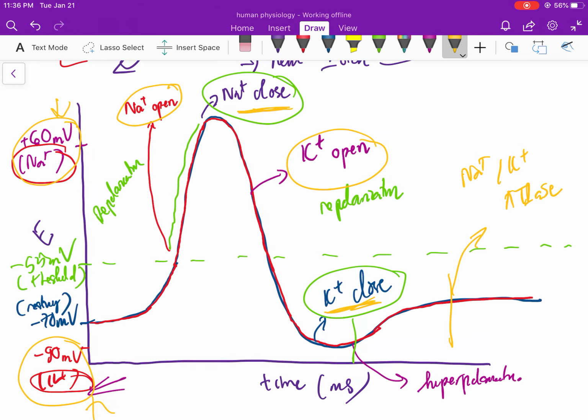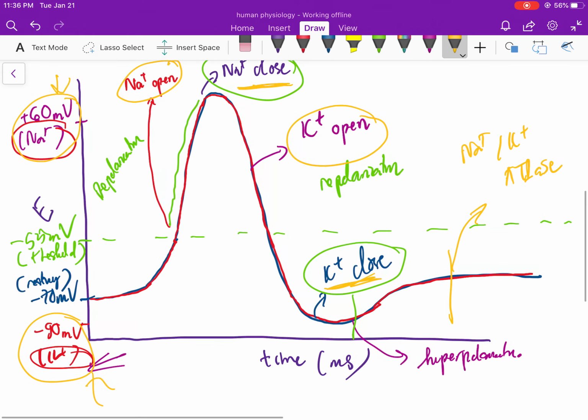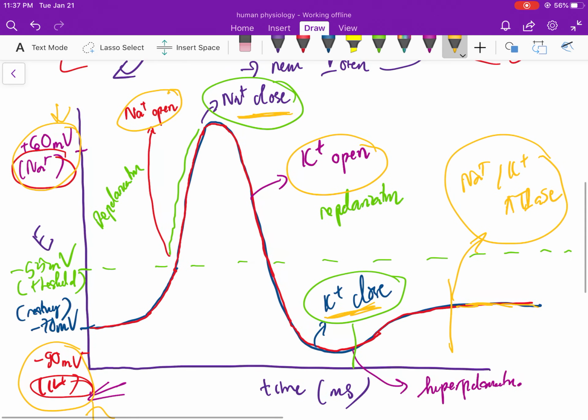After that, when all of them are closed, we will have the Na plus, K plus ATPase bring it back up to the resting potential. Also, in order to receive another stimulus and generate another action potential, we need all these gates to come back to their normal state, which is, at the beginning of resting membrane, Na plus closed and also K plus closed.